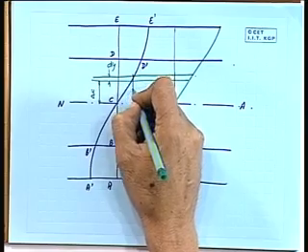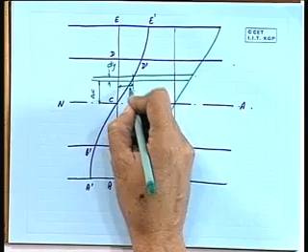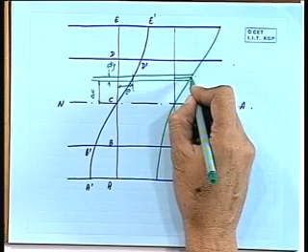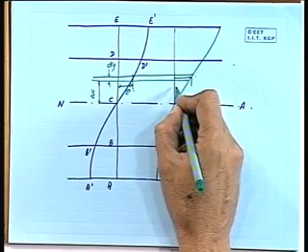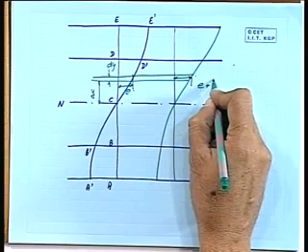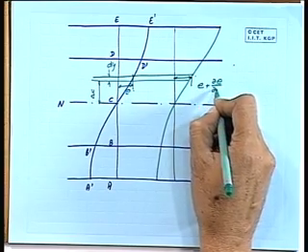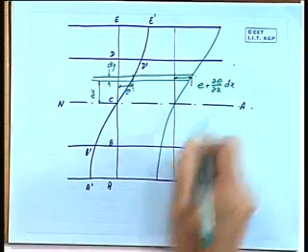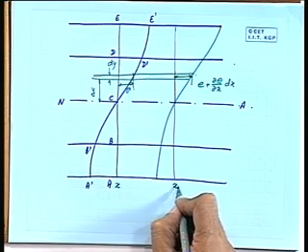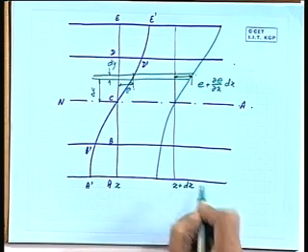And let us assume that this displacement in the longitudinal direction is E, and at a section here we consider this to be x, this section is at x plus dx.